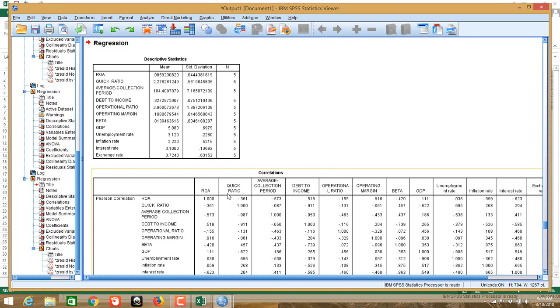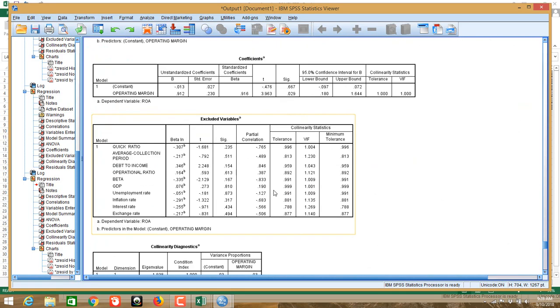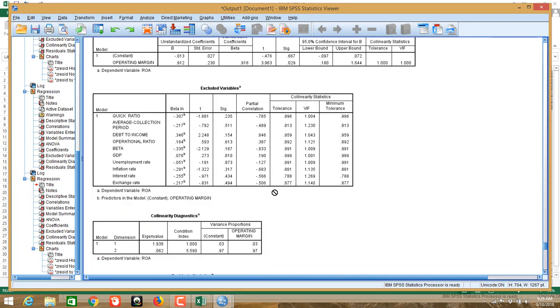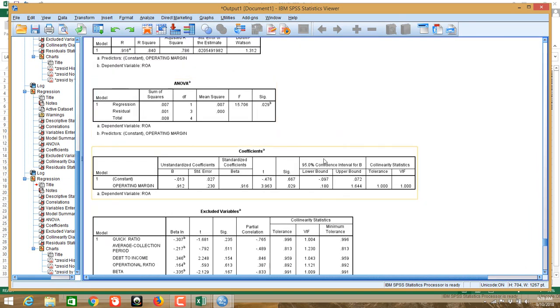So about this company, you can tell your boss that to increase profit, we need to look at operating margin. In what way is operating margin influencing it? You can look here. Beta is positive, meaning if your operating margin increases, your profit will increase. It makes very big sense here because the operating margin formula is earnings before interest and tax divided by revenue.